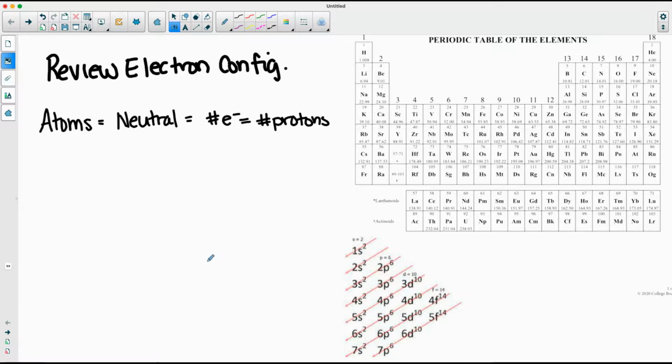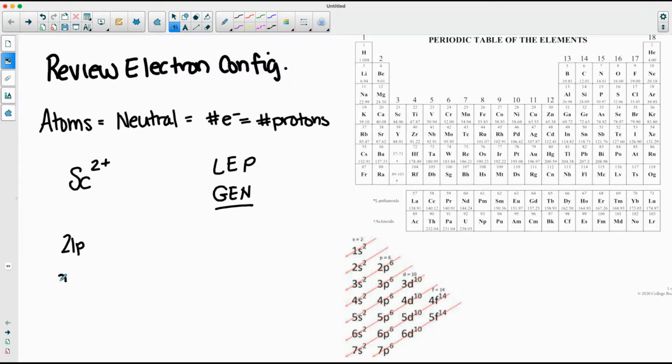Just going to do one more here where we take an ion and do the electron configuration. So let us do Sc2+. Now remember, losing electrons positive, gaining electrons negative. Sc has 21 protons.